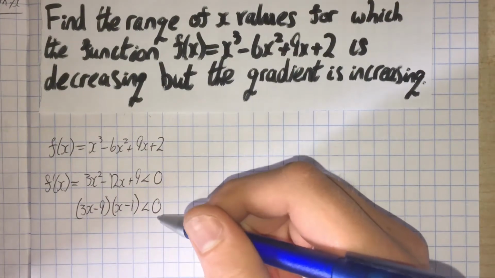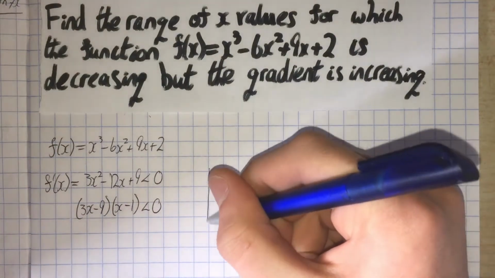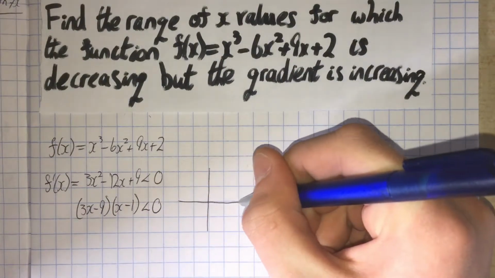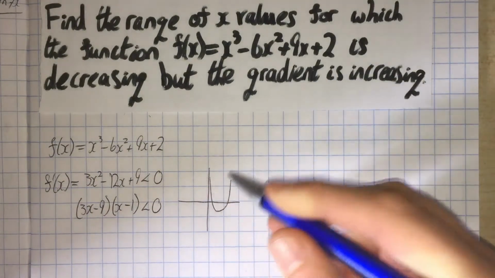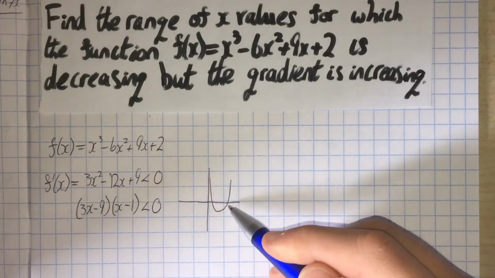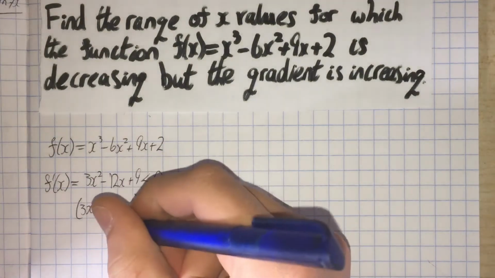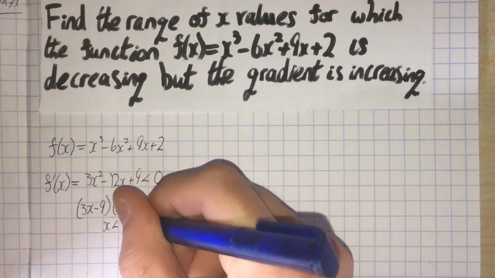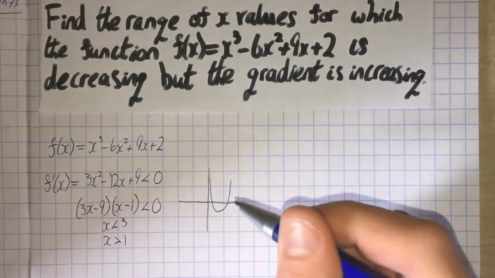For an x squared graph, like I said, that's when you have your x line. Let's say this is your curve. It's going to be below here, which means x will be less than the largest root and greater than the smaller root.